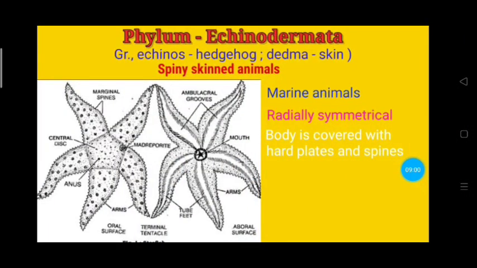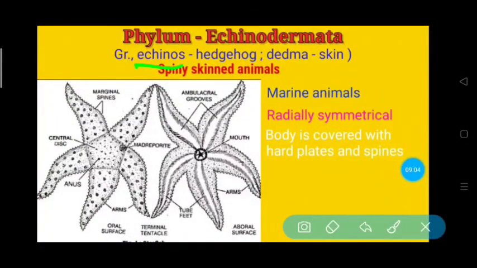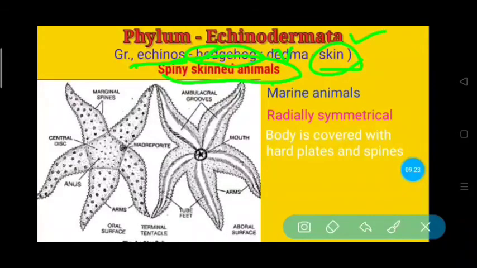Next phylum is Echinodermata. This word also comes from the Greek. Echinos means hedgehog, or we can say spiny structure. Derma means skin. Animals having spiny skin, or spiny-skinned animals, are included in the phylum Echinodermata. These are marine animals. They live in sea water.